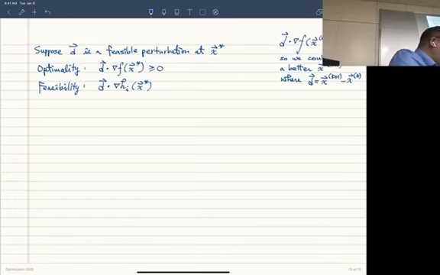Because that makes sure if you move from your current point to the next point, it remains feasible. So this must be 0. That's how you could satisfy the argument here, the feasible perturbation.